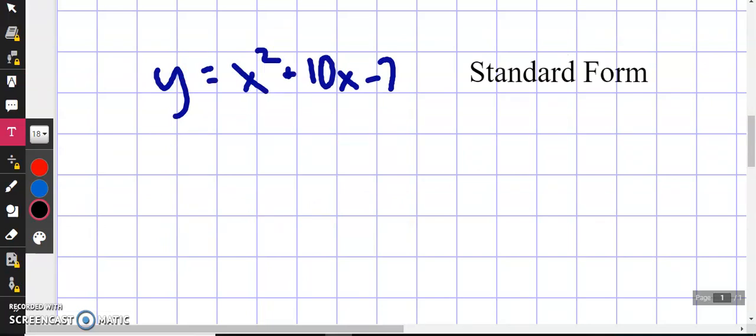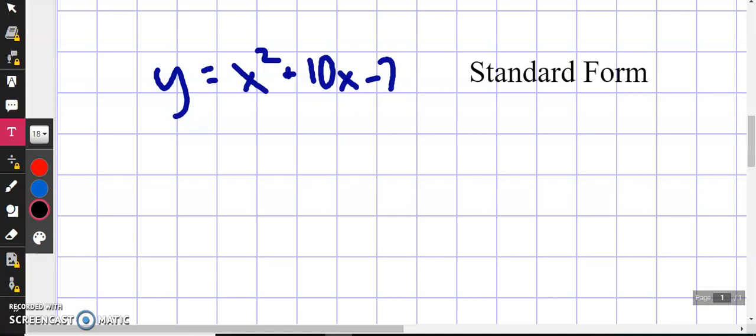All right, so let's say that I had the standard form equation y equals x squared plus 10x minus 7. To convert this into vertex form, I want one piece of the equation to factor to something with a perfect square.